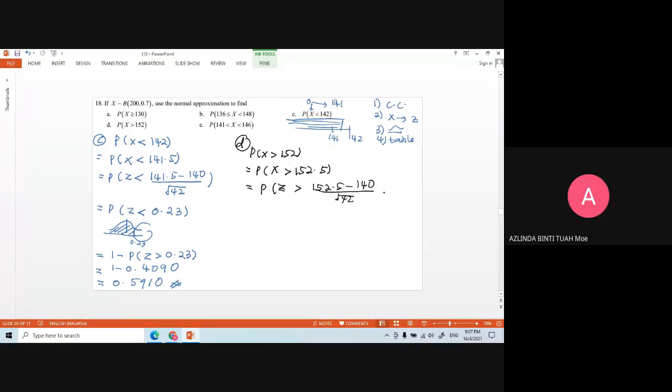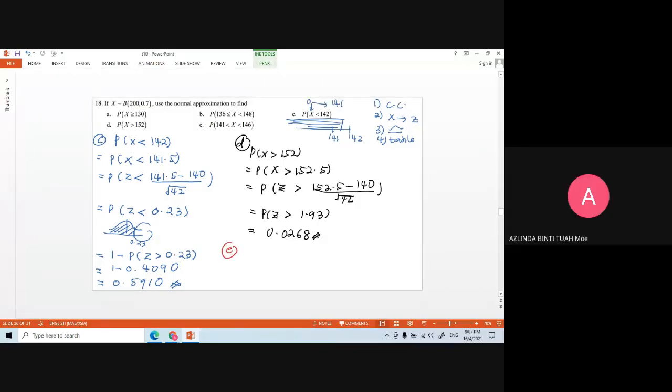Okay. The value is Z greater than 1.93. Okay, nice. Terus baca table. 0.0268. Okay, thank you. E. Okay, madam.